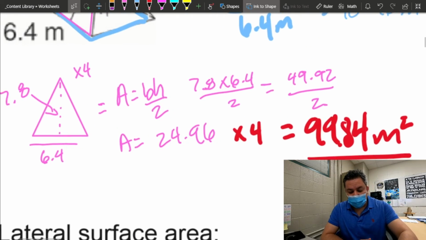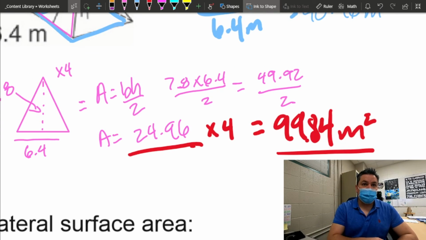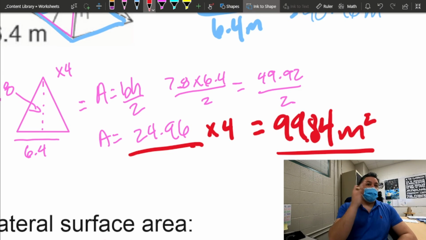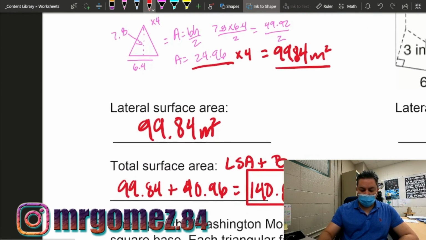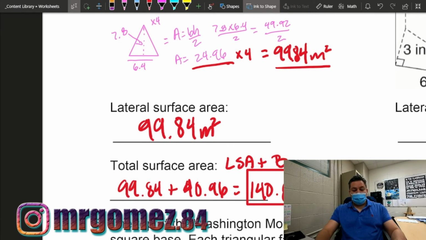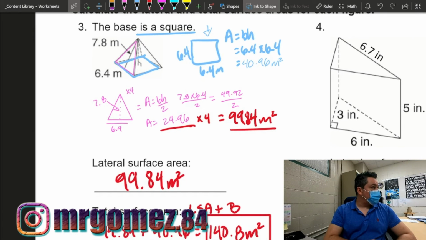Triangle. What is the area of one triangle, of one face? 24.96. What is the total area for all the sides only? That's the lateral surface area. Very good. And what is the total surface area? Very good. So look, going back, I can identify every single little thing.